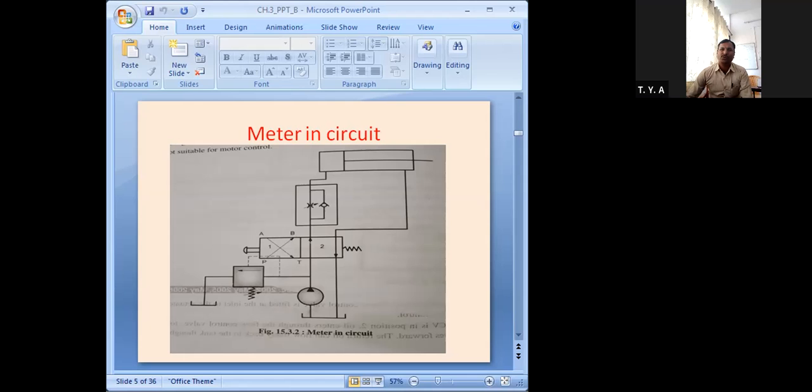The flow coming from this pump will go through this flow control valve, and due to that it forces this piston to move in this direction, toward this side.